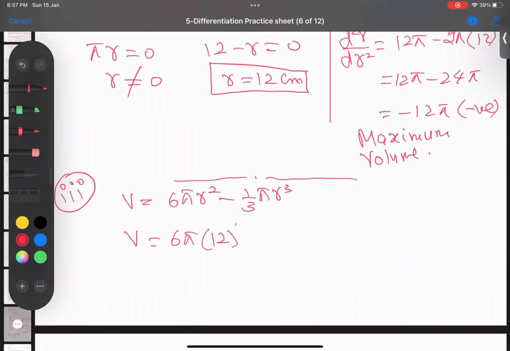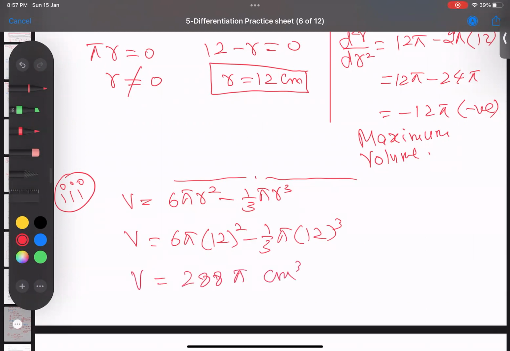And let me complete. So I believe this is clear, and let's complete it. So 12 to power 2 into 6, and minus 1 divided by 3 into 12 to power 3. And if you check it, it becomes 288 pi centimeter cube.